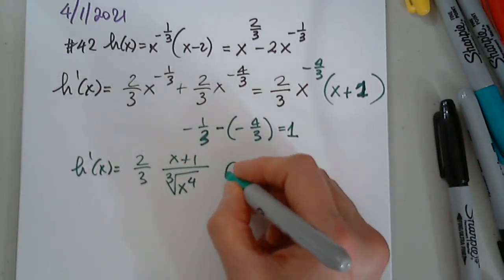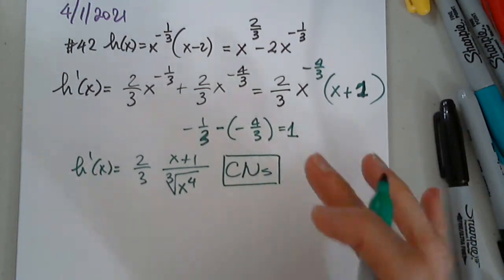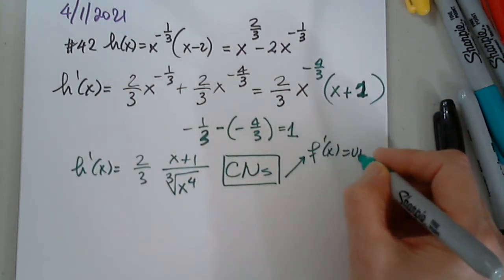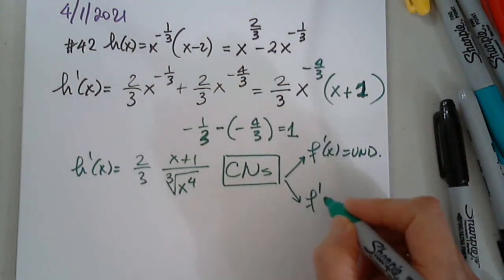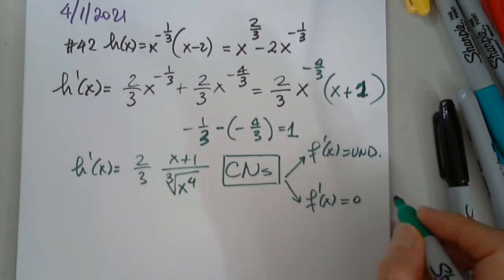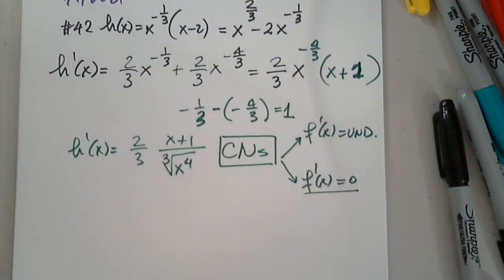So now when it comes to critical numbers, they come from two sources. From f prime being undefined, if any, or, and I should say, both can happen, f prime being 0. Can anyone give us the f prime being 0?